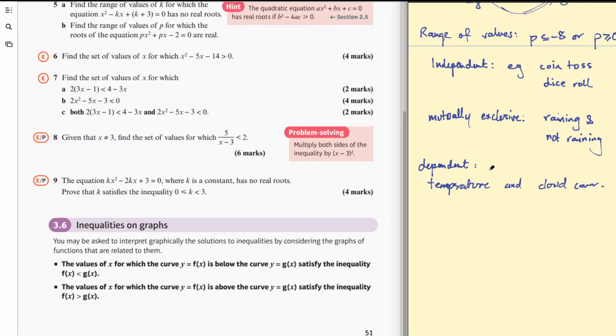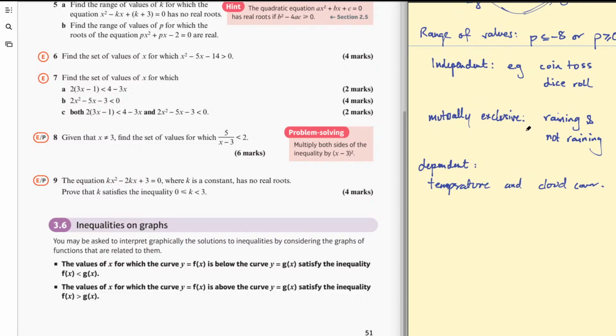Dependent. So if it's cloudy, you can assume it will probably be cooler than if it was not cloudy. Whereas if they're independent, if you toss a heads, you can't say what the next one will be based on what you just flipped.